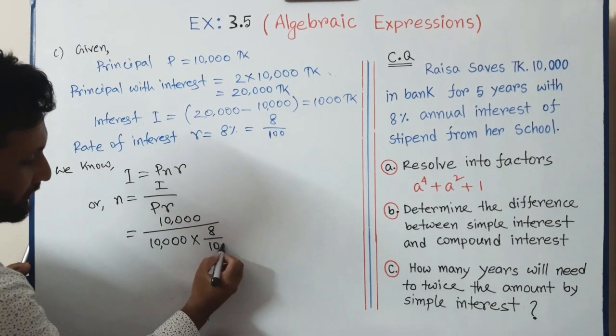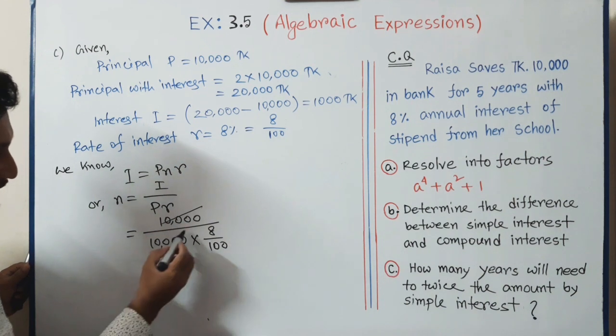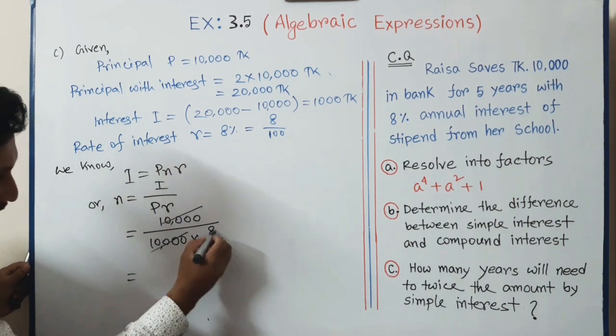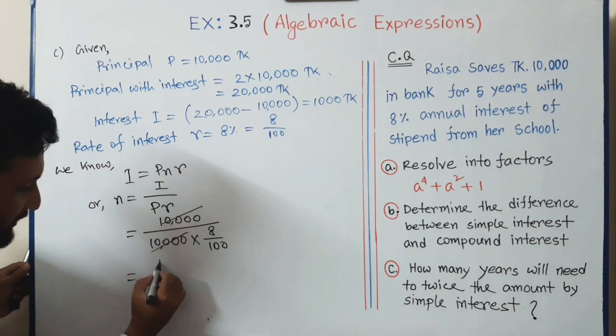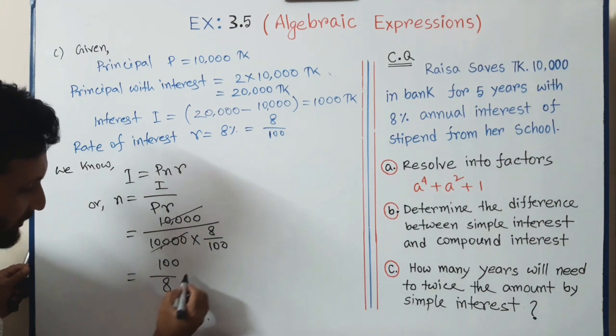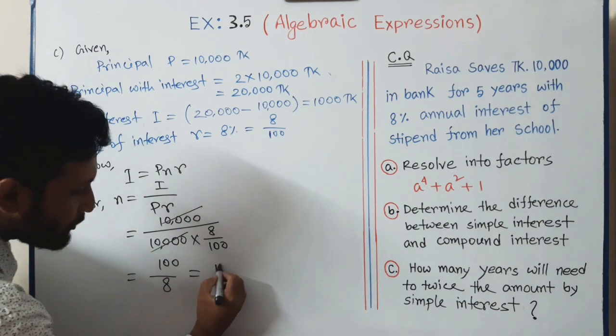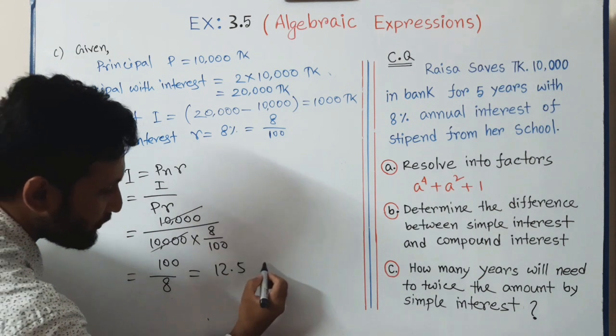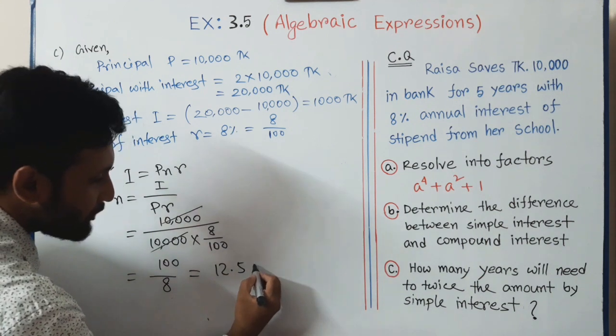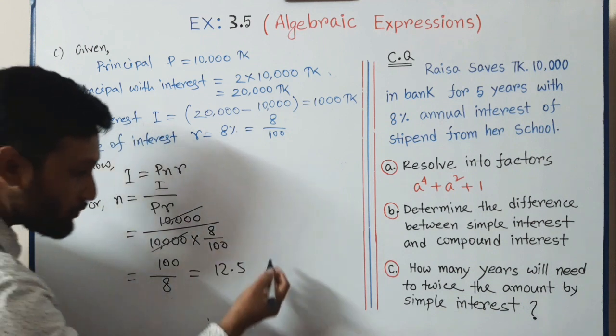So by simple calculation 10,000 and 10,000 cancel, so 8 by 100 and reciprocal, so we can say 100 by 8. That means 100 by 8, 12.5 years. That means 12 and a half years.